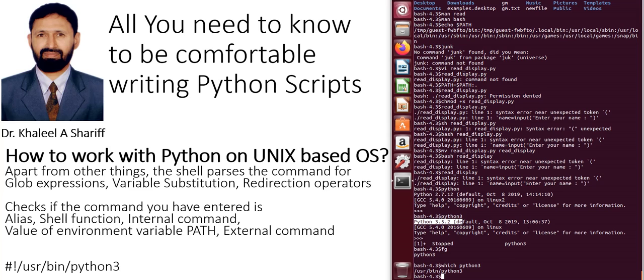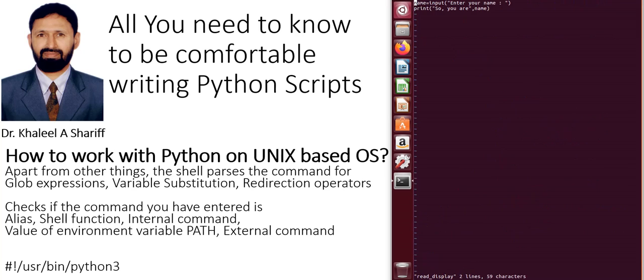In case it does not find them, as in the case of our program, where we have not given the hash exclamation, it executes this with the default shell of the operating system, and the default shell on the Linux box is bash.